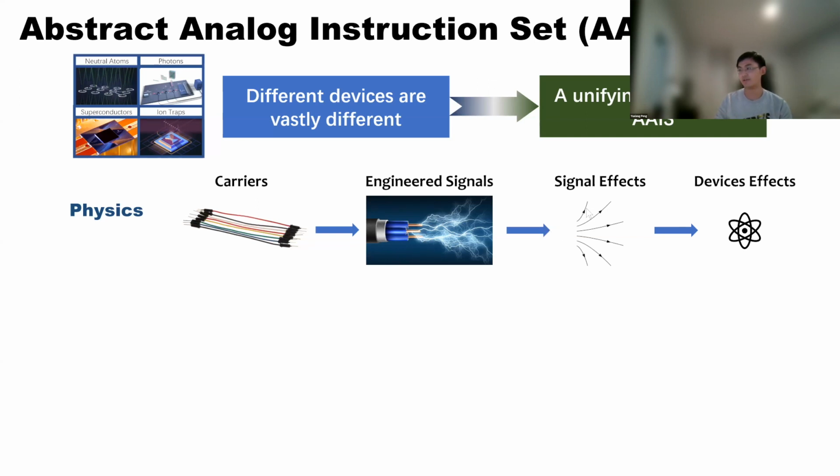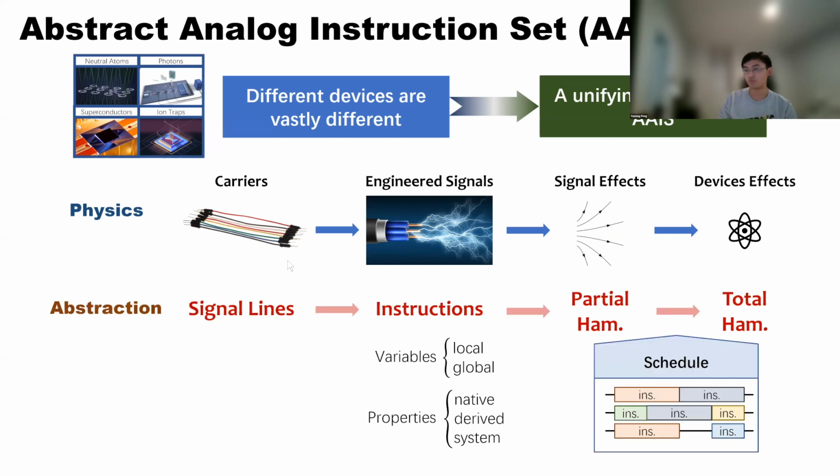And these signals can carry several effects, like the magnetic field we simply drew here. This magnetic field can be added together to generate the device effect on the real machine, or to affect the quantum system of the device. So this is basically how we see a general framework for the physical device to be affected with engineered pulses.